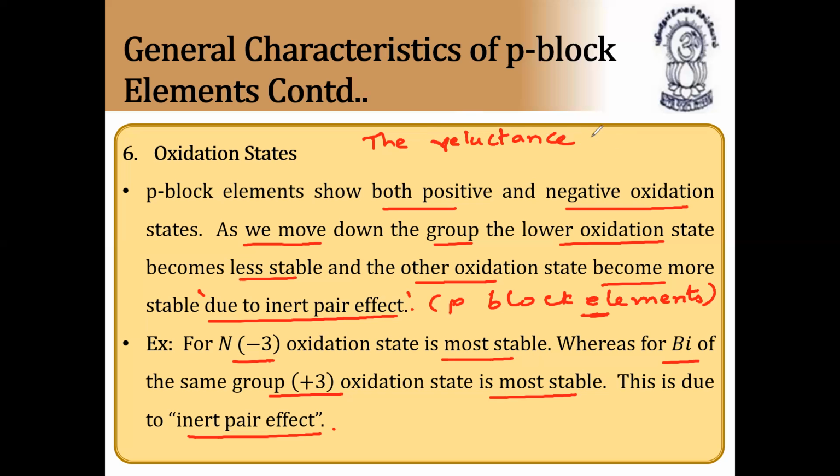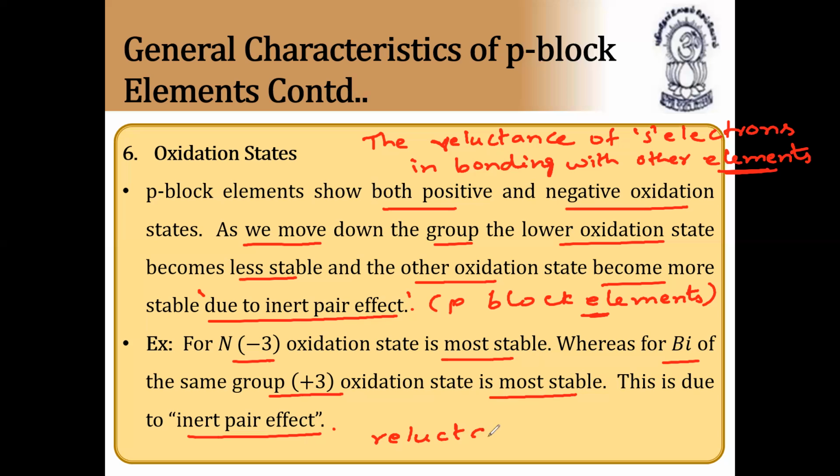The reluctance of s electrons in bonding with other atoms or other elements is called inert pair effect. What does reluctance mean? Reluctance means non-involvement.